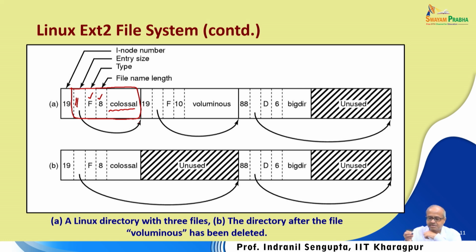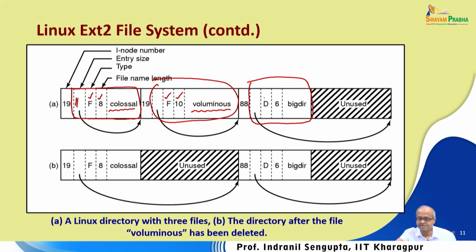In the next entry of the directory, you again have some information. This is also a regular file. There are 10 characters in the file name. The file name I have given is voluminous, 10 characters. Similarly, there is a pointer to the next file, which is this.